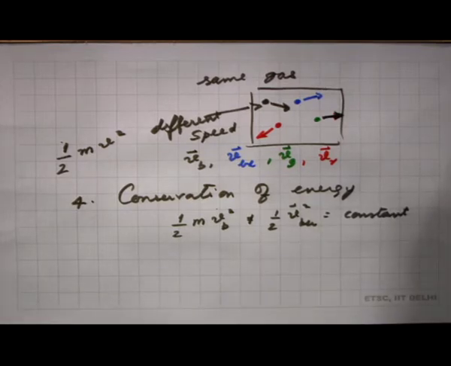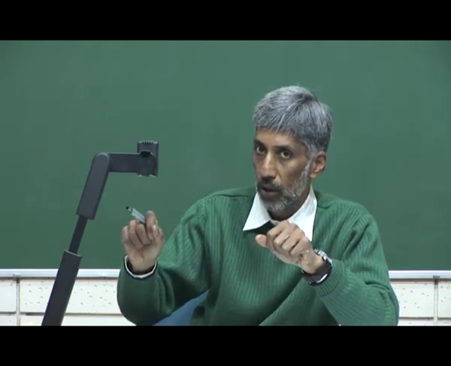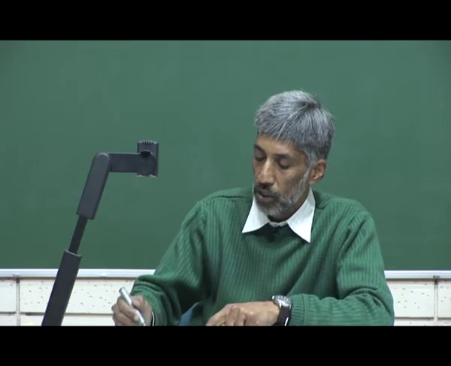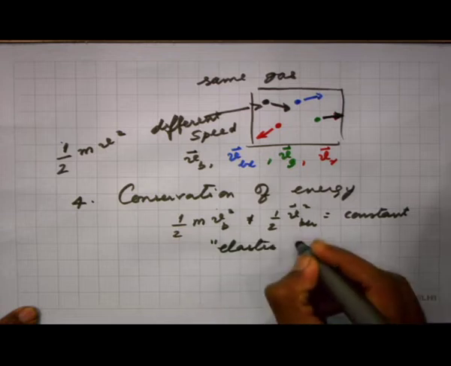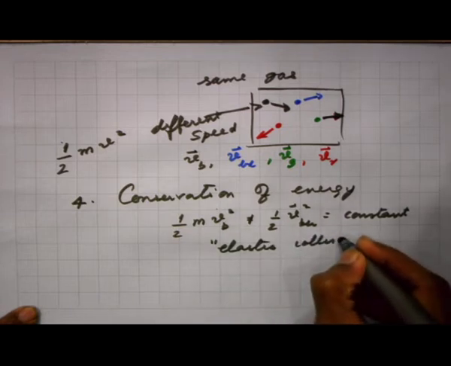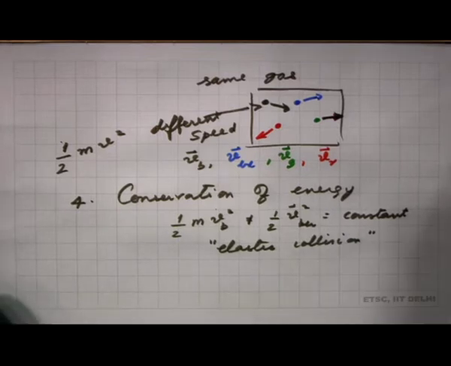So, when it undergoes a collision, there is a redistribution of energy that could happen between the two molecules, and this is what we call an elastic collision. And the problem with this elastic collision is that it is a very ideal thing.